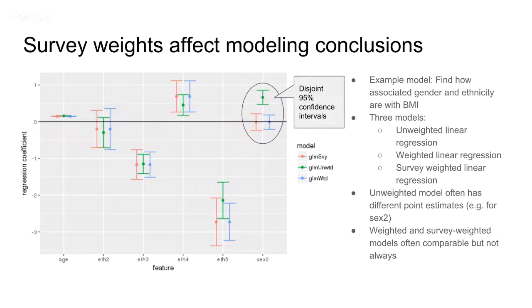So what we see here is that some of the time using the weights doesn't really change your conclusions. But for finding the relationship between gender and BMI, the unweighted model has a very different regression coefficient than the other 2 models do. But what we can also see here is that even if you don't use the complex survey design and you only use the weights, then you still do pretty well.